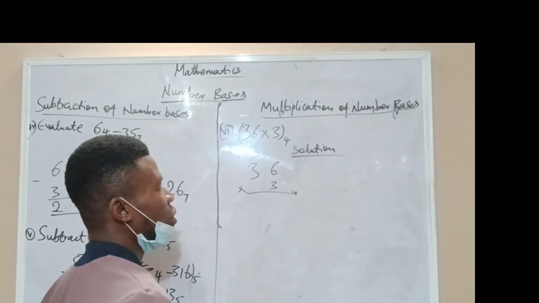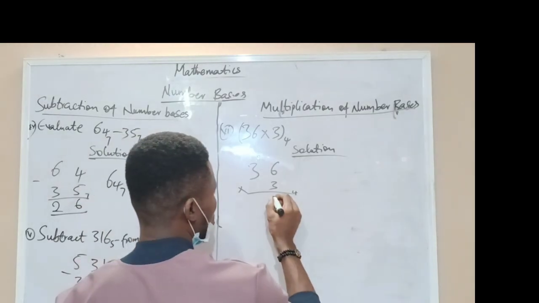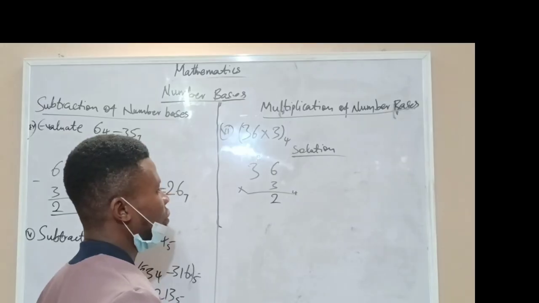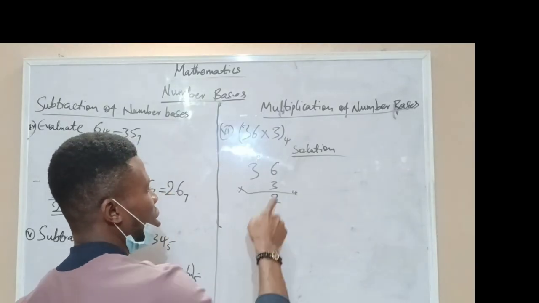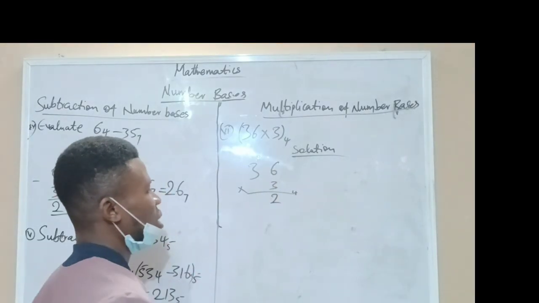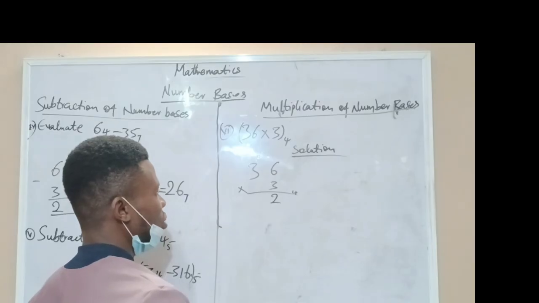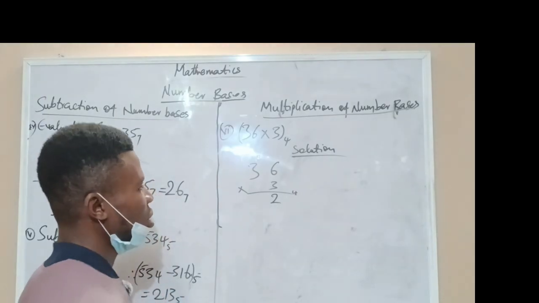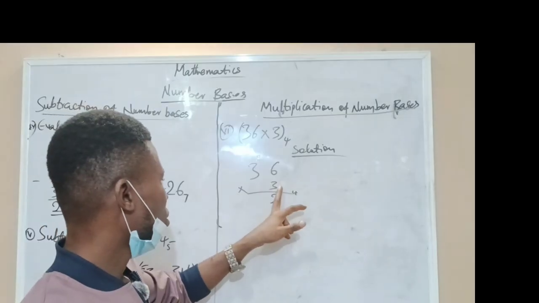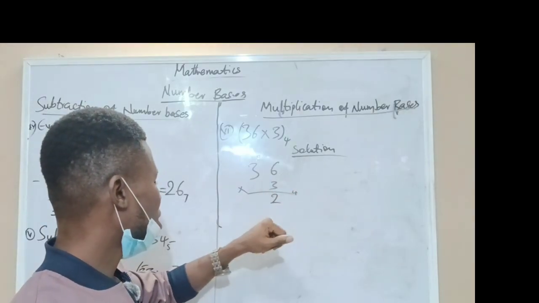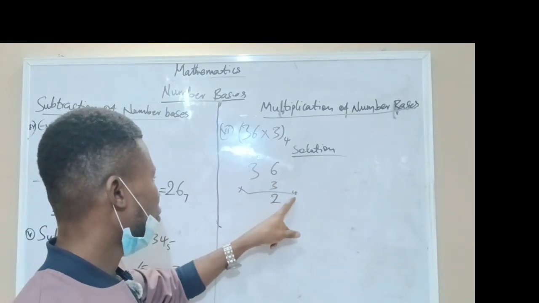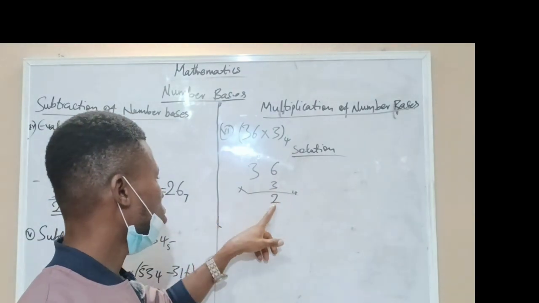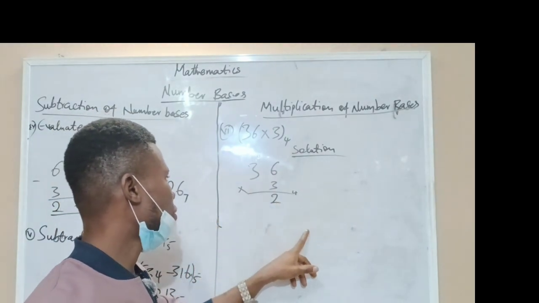We have 4 remainder 2. We wrote 2 and we hold the 4.